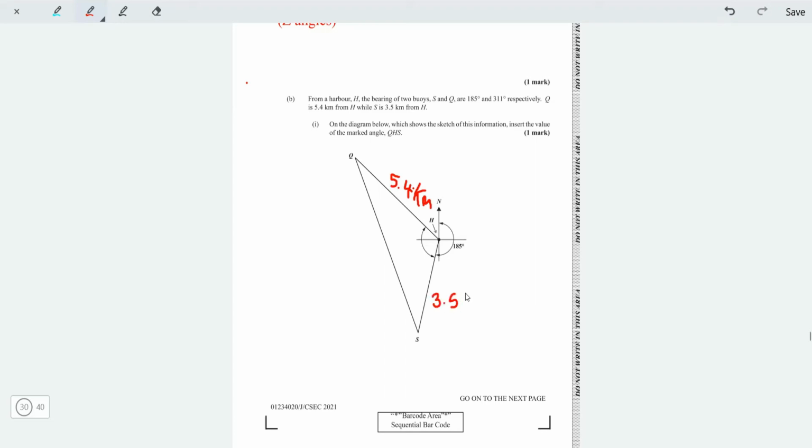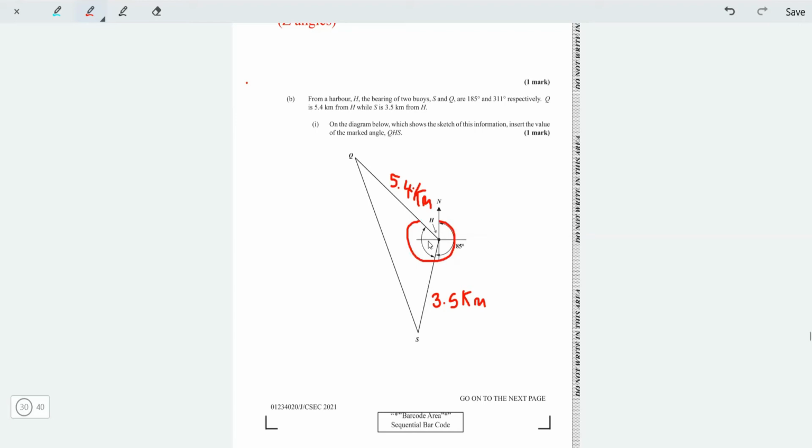Then we are supposed to sketch or insert the marked angle QHS, this angle. So the bearing from H to S is 311. So that means that all of this from around here will be 311. But the outer piece is 185.